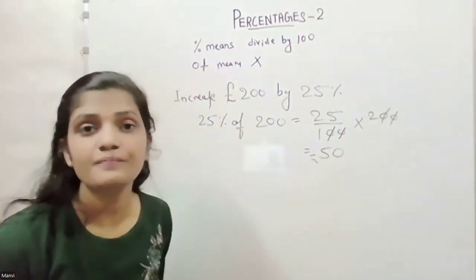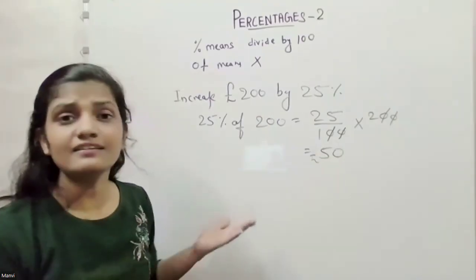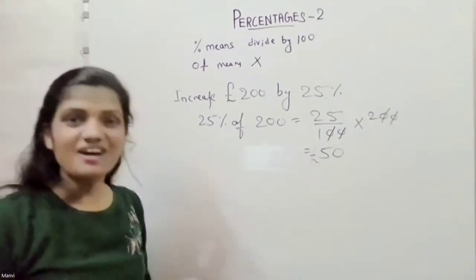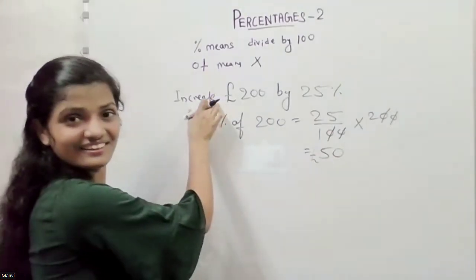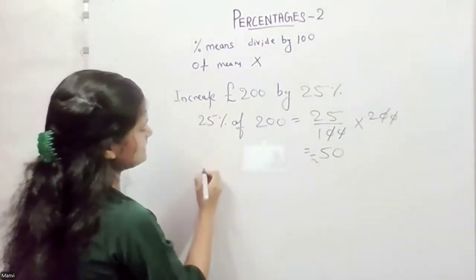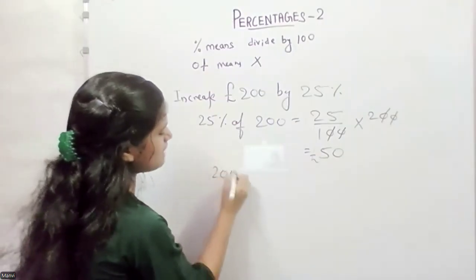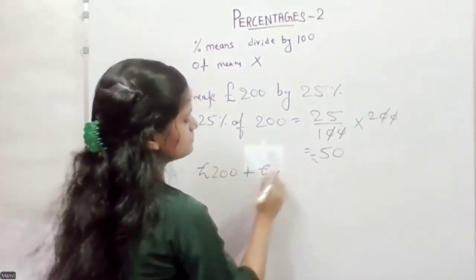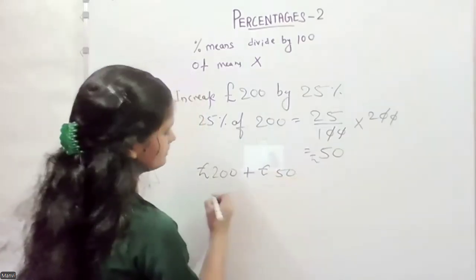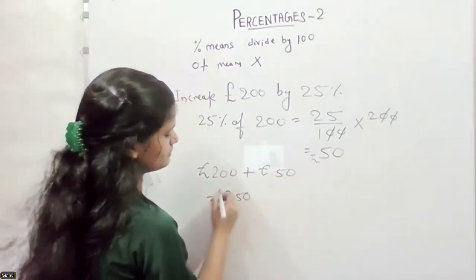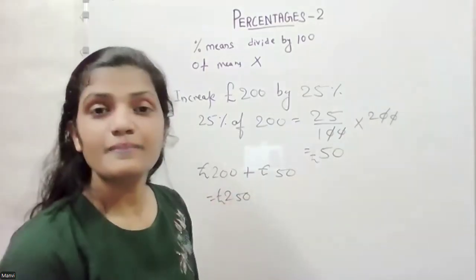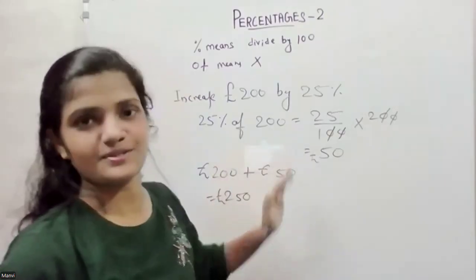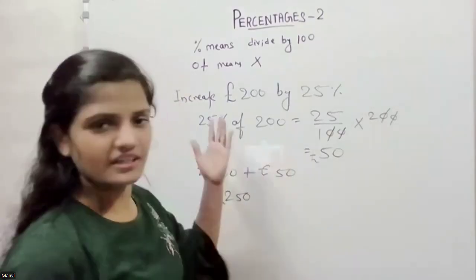But that's not the answer. We add 50 to 200 pound because we need to increase. If it says decrease, then we have to do 200 take away 50, which will give you 150. Then we need to subtract, if there's a decrease.